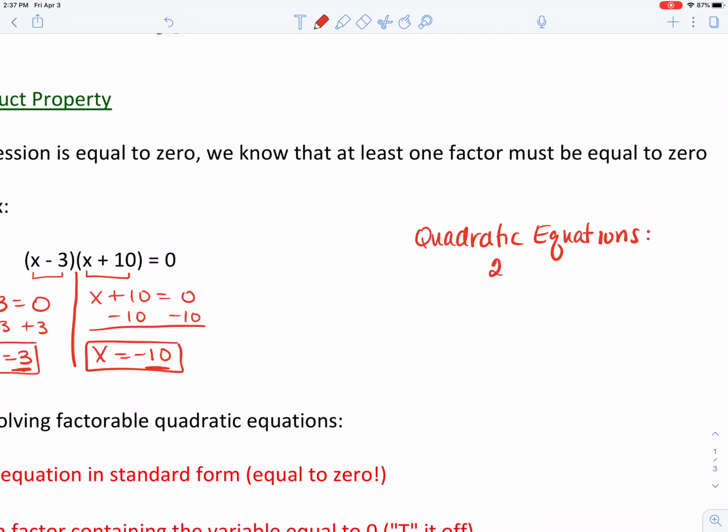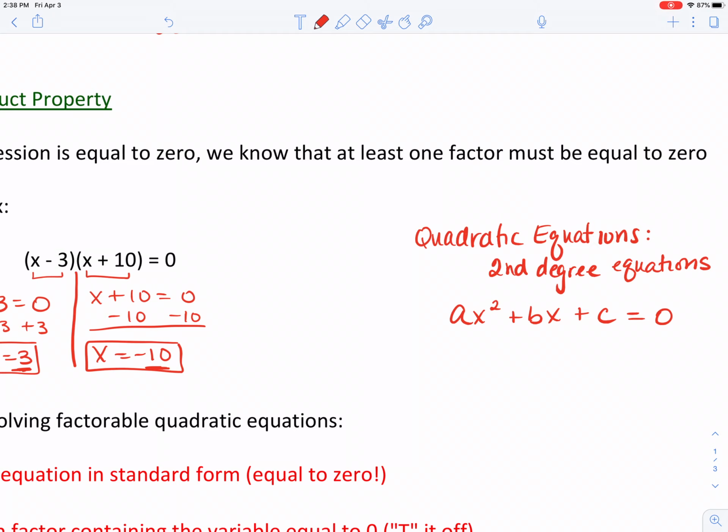are second degree equations. So linear equations are first degree equations. Quadratic equations are second degree equations because the largest exponent in the equation is 2. So they're usually expressed like this: ax squared plus bx plus c equals 0.